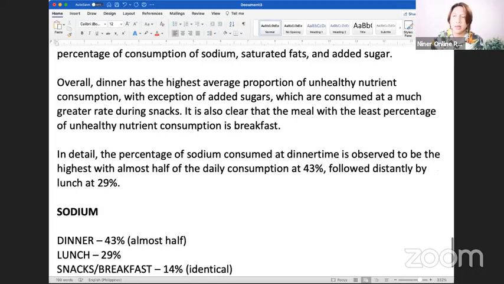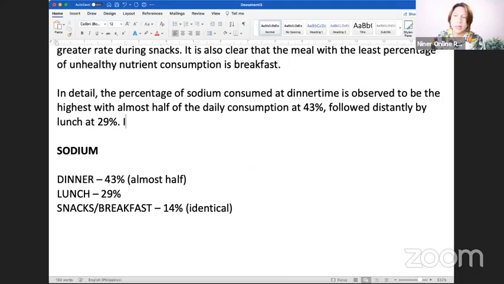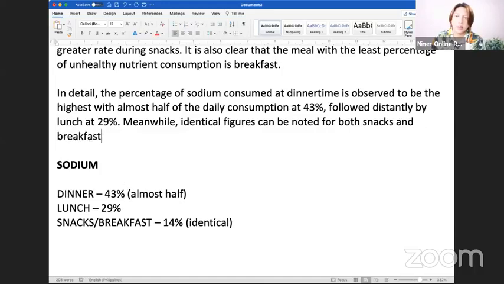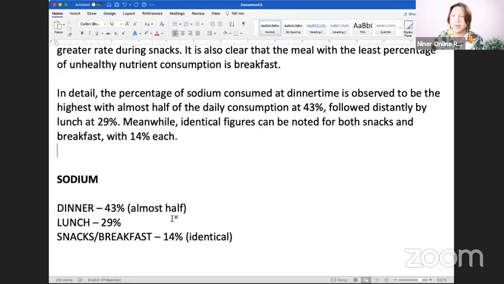Meanwhile, identical figures can be noted for both snacks and breakfast, with 14% each. Okay, we're done with the first one.